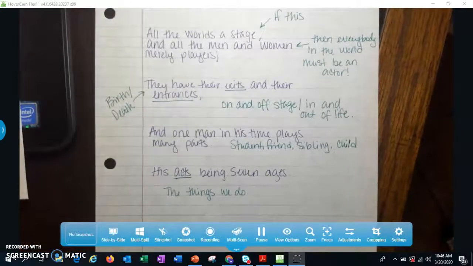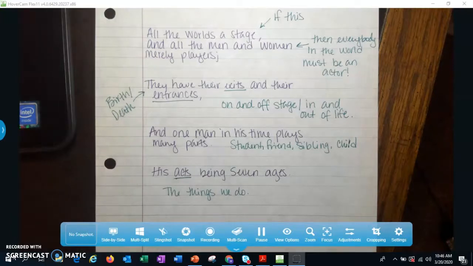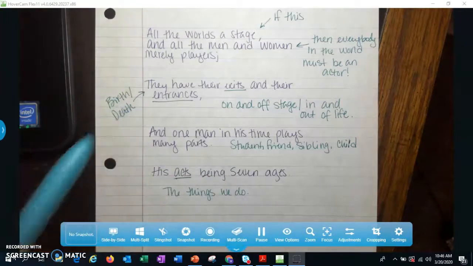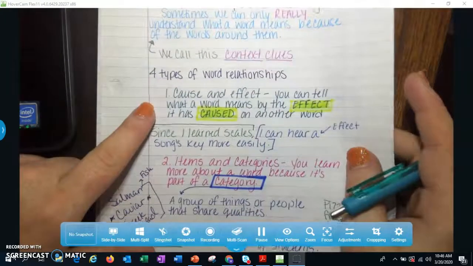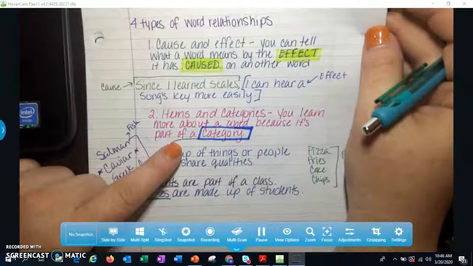What I'd like for you to do now, there is an article posted in your Google Classroom. And I'd like you to go and read that. And you are going to identify inside of that article the 4 different types of word relationships, okay? So you're going to look for a cause and effect sentence. You're going to look for items and categories.